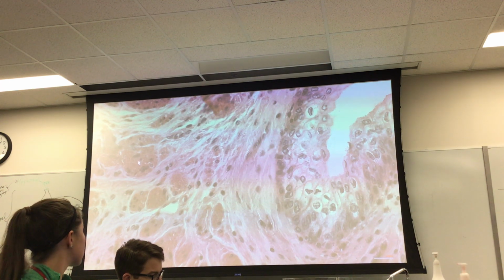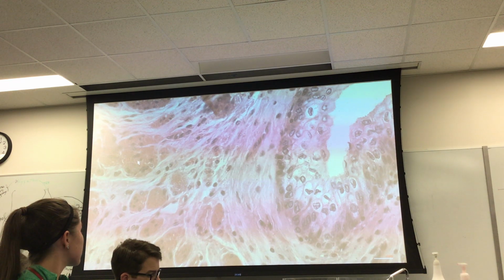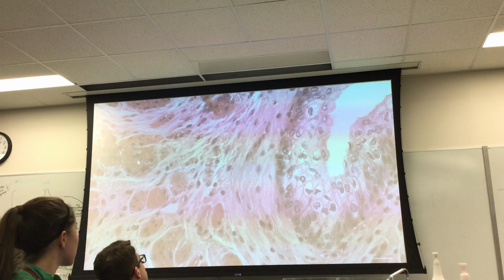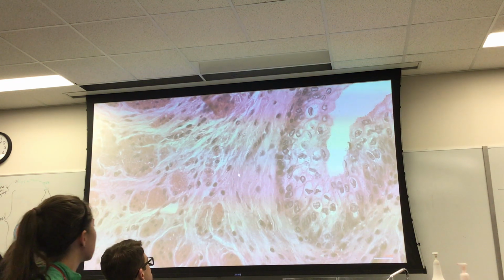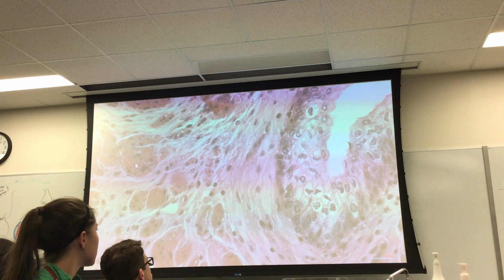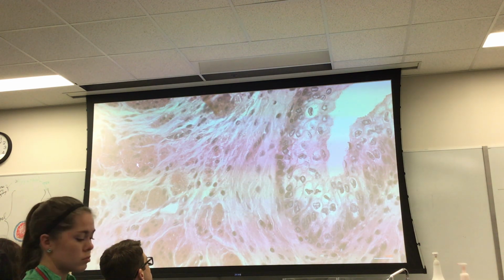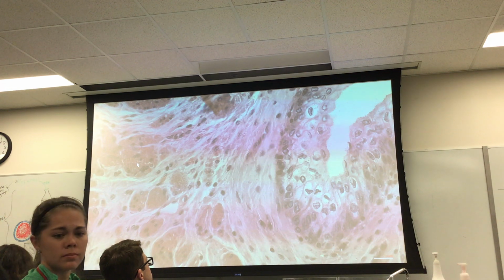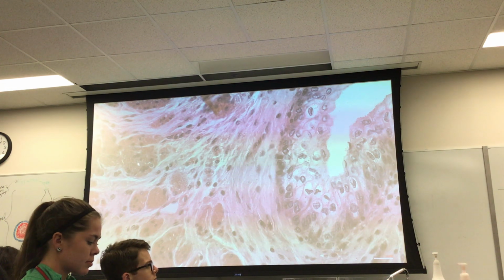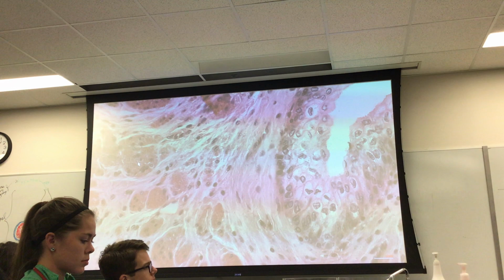This, do you guys have any idea what that is? It's not connective tissue, because I want you to think about the context. If this is connective tissue, you normally don't have another completely different looking connective tissue right there. Well, be a little careful about that. It's obviously different.